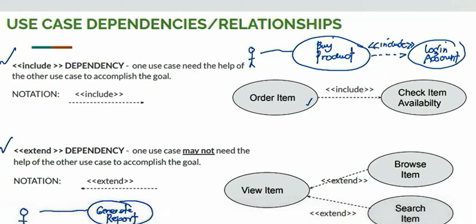So he or she has an option whether to generate receipts, or she wanted to generate a customers list, just like that. So this is extend. This one also extend.